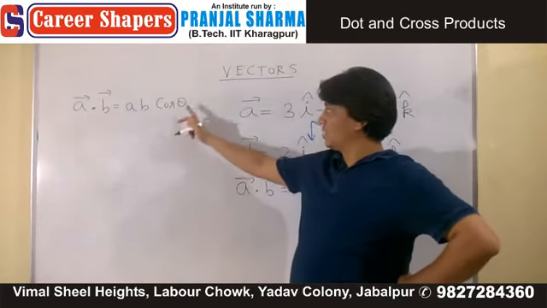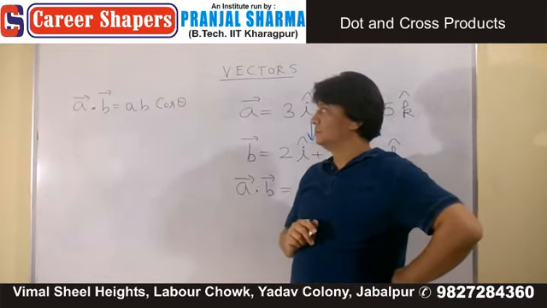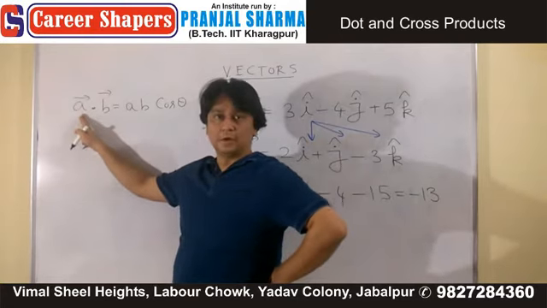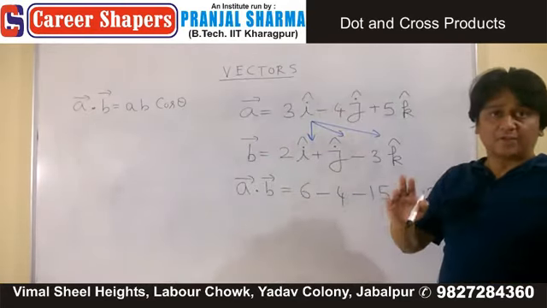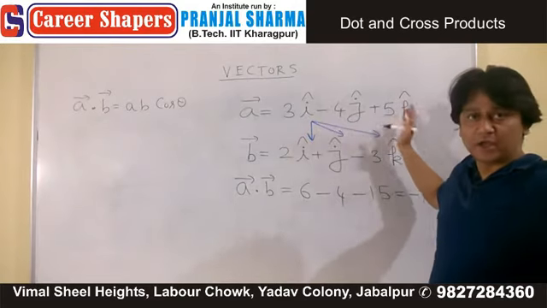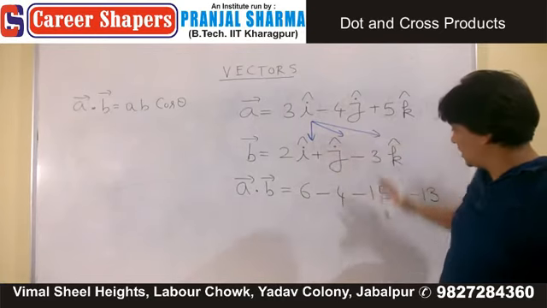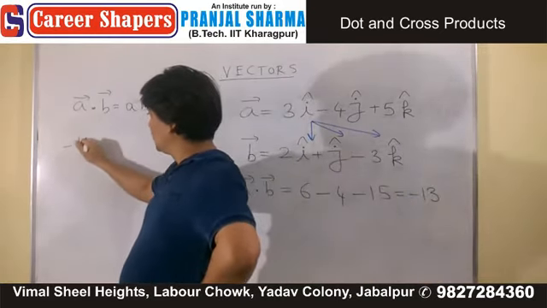Question says find out theta. Now, what is A dot B? We have already calculated this. If they are giving you vectors in terms of i, j and k, you know that it's very easy: i with i, j with j, k with k. And we got A dot B as minus of 13.